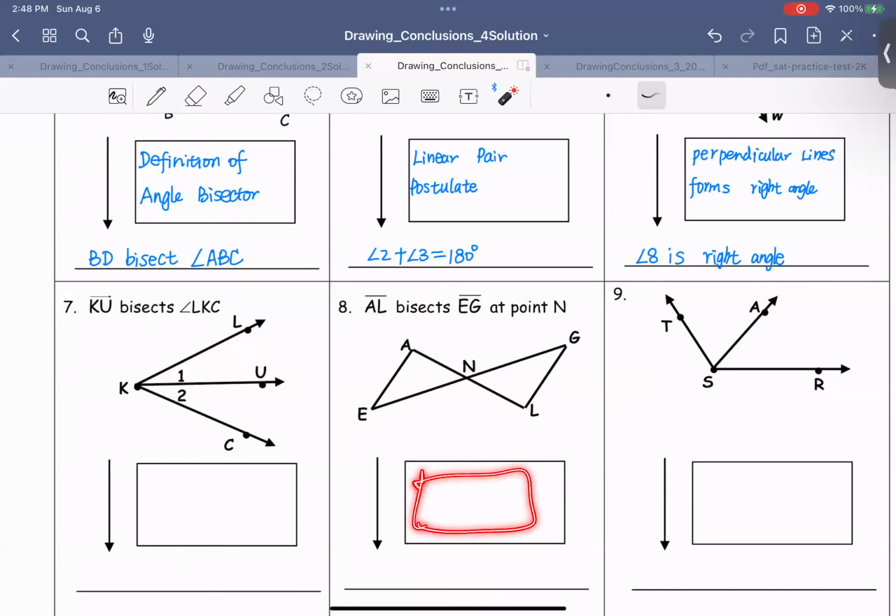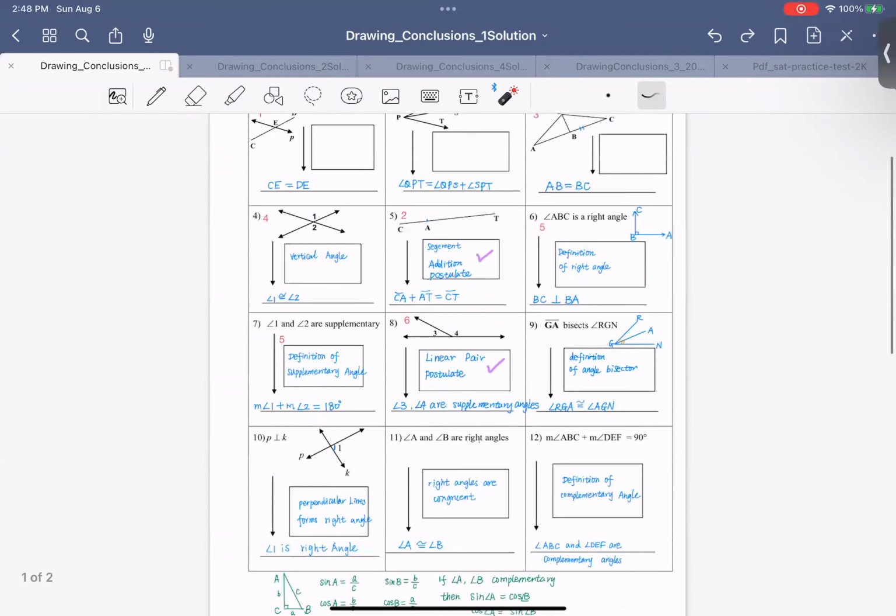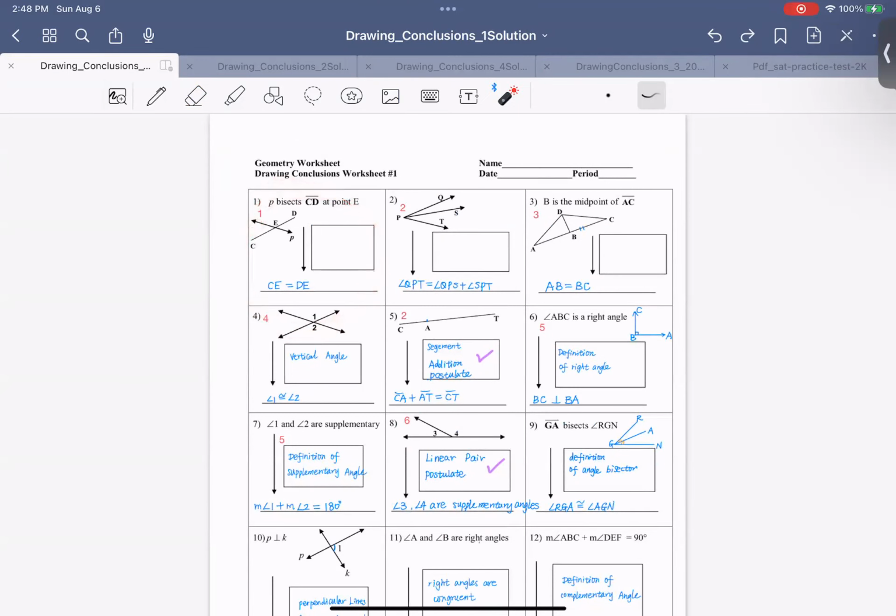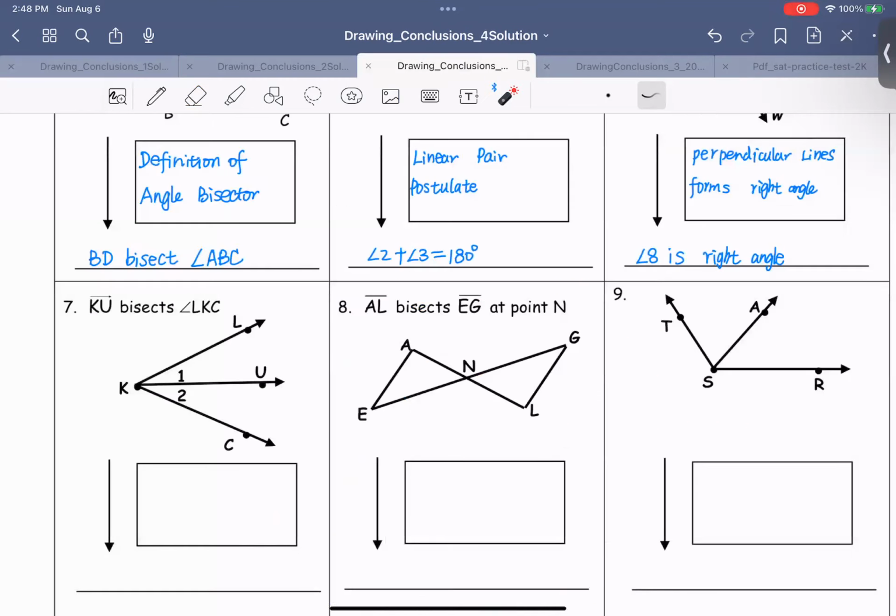Definition of segment bisector. This is the first question we did right here. Kind of remember? Yes or no? I do, like number 9. When you see this, what do you want to write down?